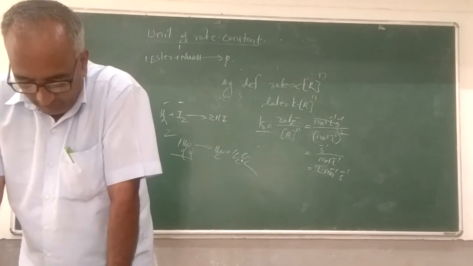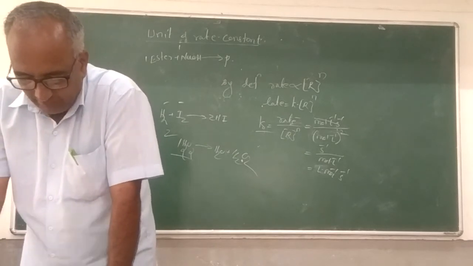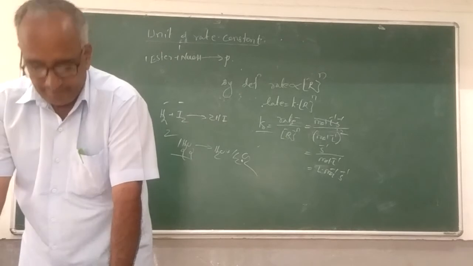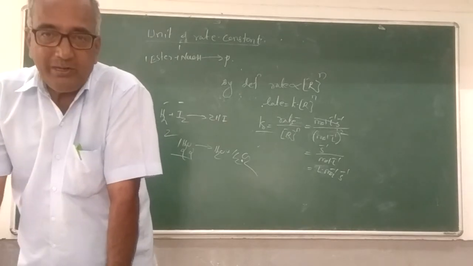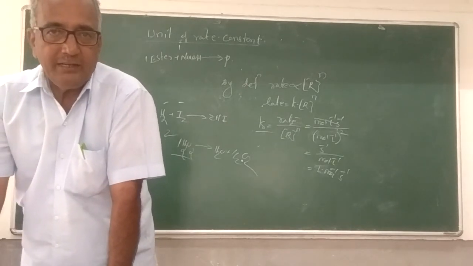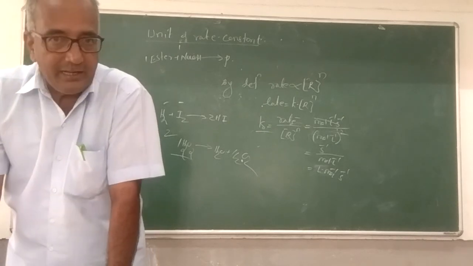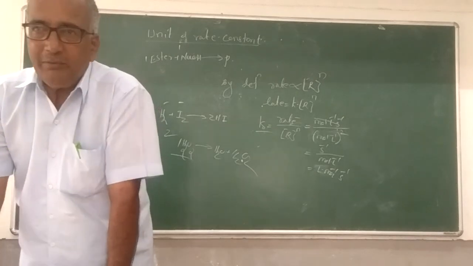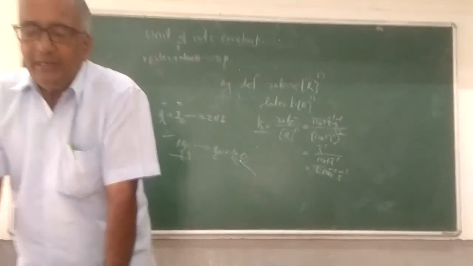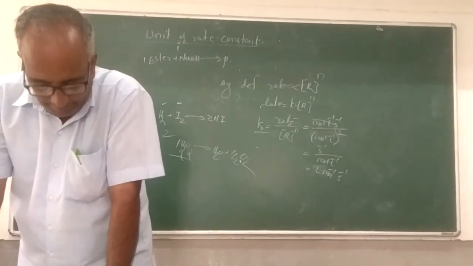Knowing the molecularity, we can readily differentiate between the order and molecularity of the reaction. There may be a 2 mark question: write any two differences between molecularity and order. The order can be determined experimentally, and the molecularity is determined theoretically.